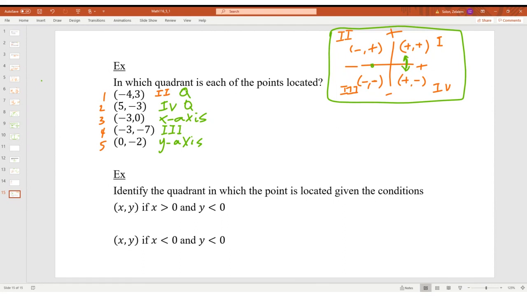So the last example, if you see here, is to identify quadrants even if we are not given the numbers. So the ordered pairs are given with conditions. If you see here, A says x, y is given in such a way that x is greater than 0 and y is less than 0. Where is x, y located? So the conditions are, if x is greater than 0, that means x is positive.